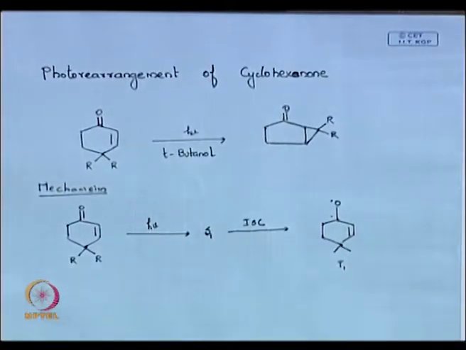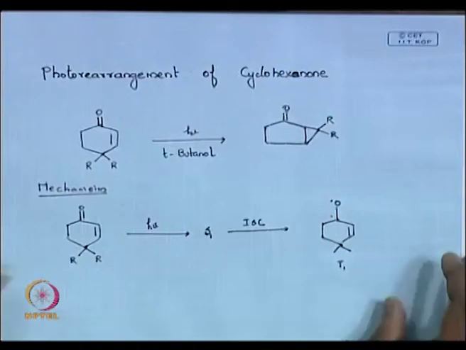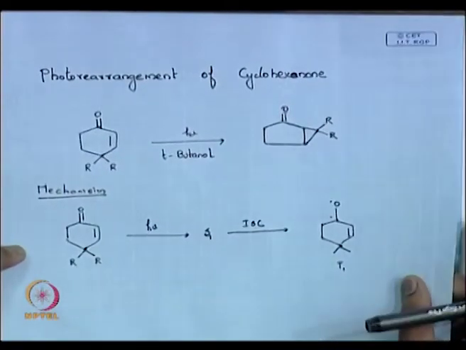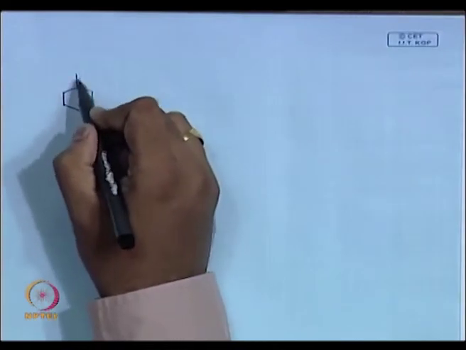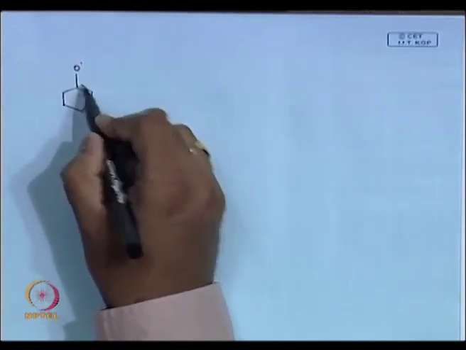So, you get this molecule, all right. So, what happens to this molecule? Any idea what it can do? This is in the triplet state.